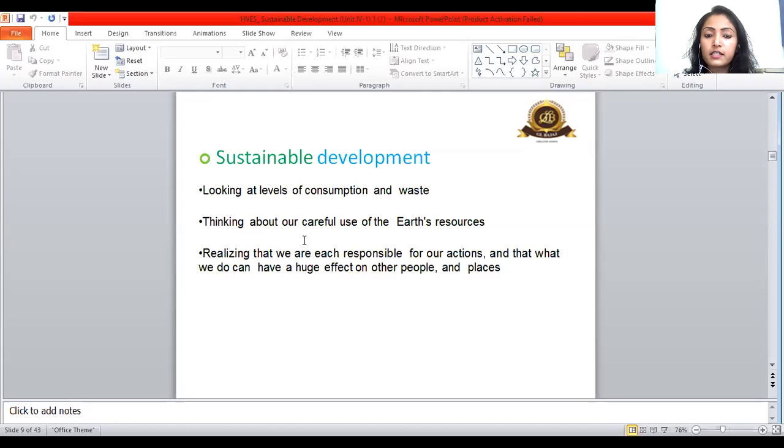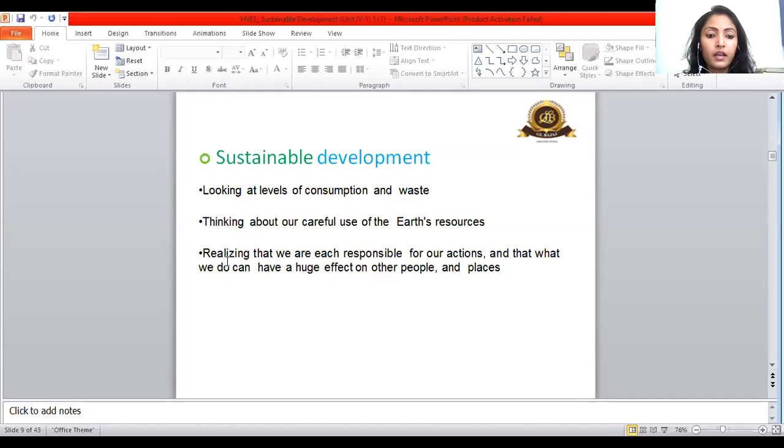So not just consumption, we have to think about the limited resources available on earth which cannot be renewed. Solar energy is unlimited, and we can use and consume it, right? But things which are not renewable need to be taken care of.